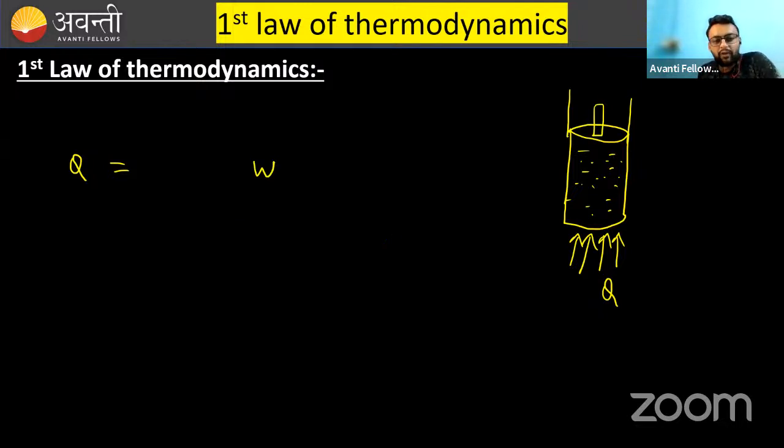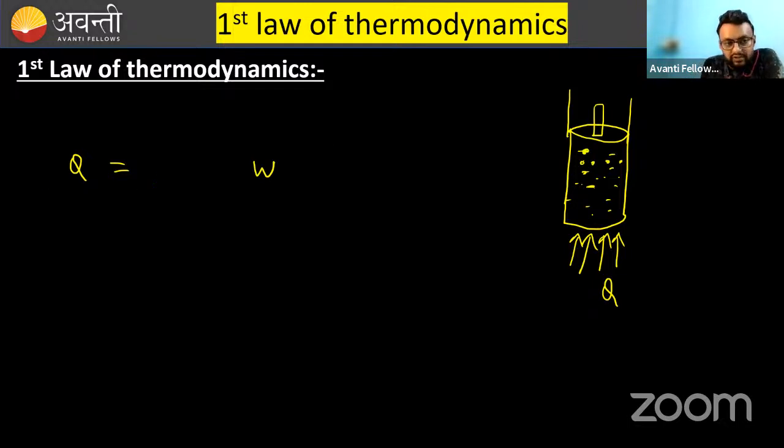Another thing that may happen is that some part of this heat is transferred to work done, where the piston is moved, but the temperature of the gas may also rise. If the temperature of the system is rising, that means the internal energy of the system is increasing.